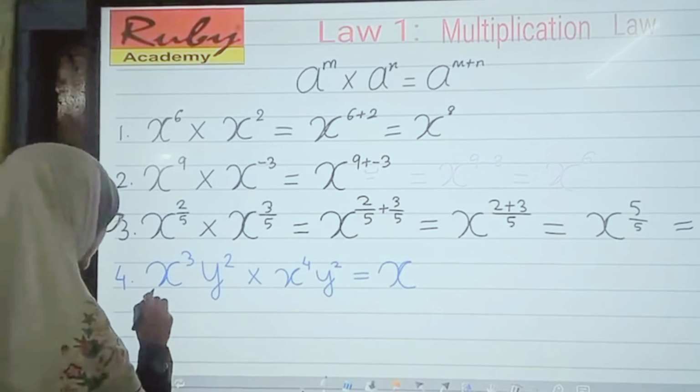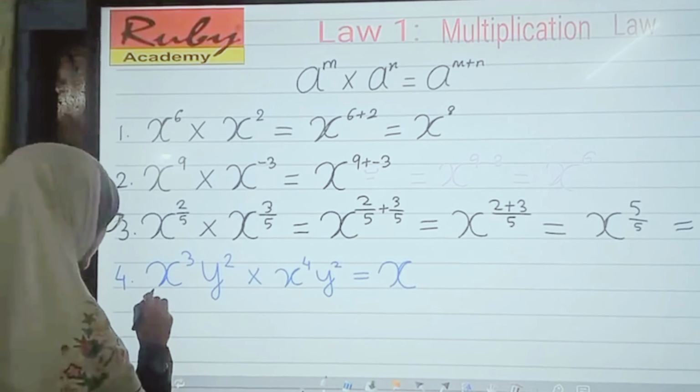Let's add these powers of the x base: x raised to 3 plus 4. And you also have y, so there are the same bases for y also. The first y has a power of 2 and the second y has a power of 2 too. So let's add these powers of y also: y raised to 2 plus 2.